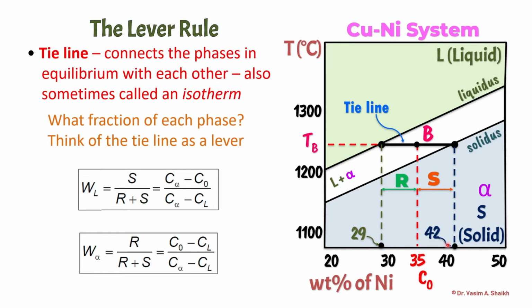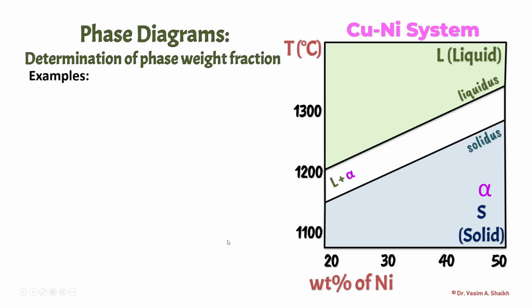And R plus S is C alpha minus C liquid, the composition of alpha minus the composition of the liquid, that is 42 minus 29. Now in the next slide we will see the calculation for that.